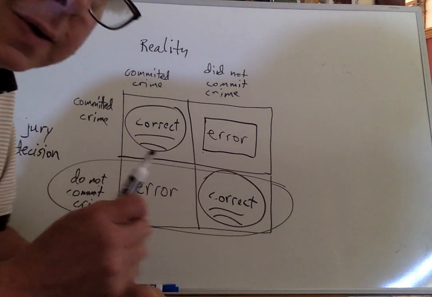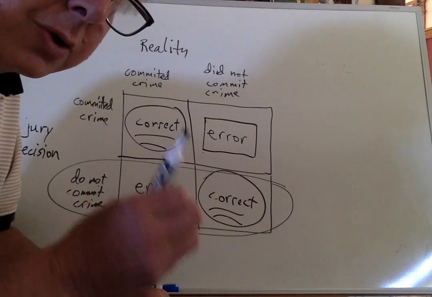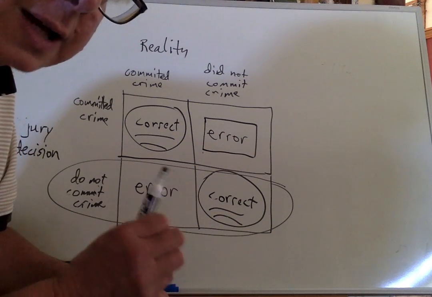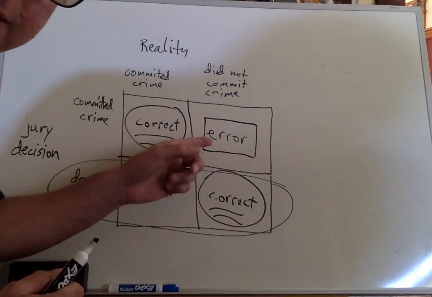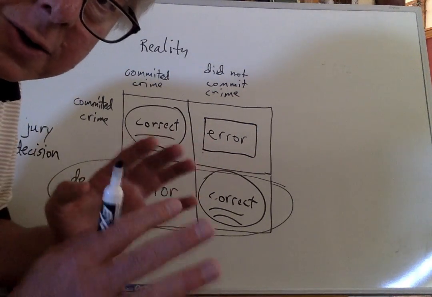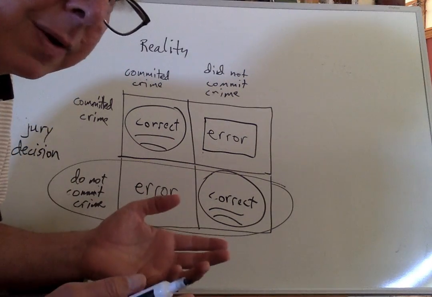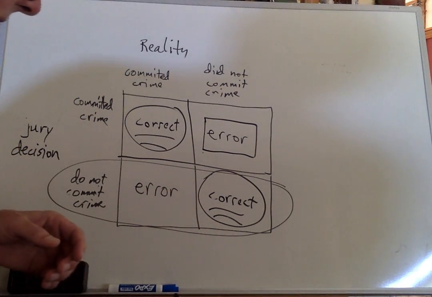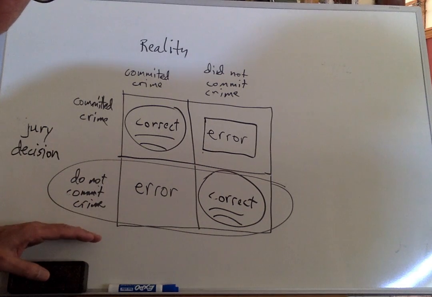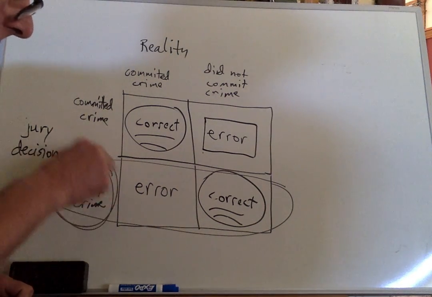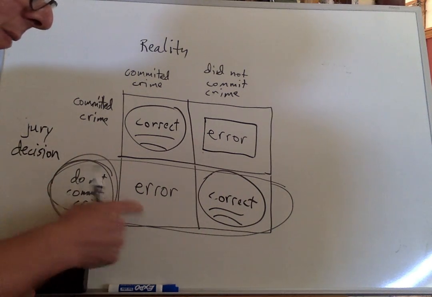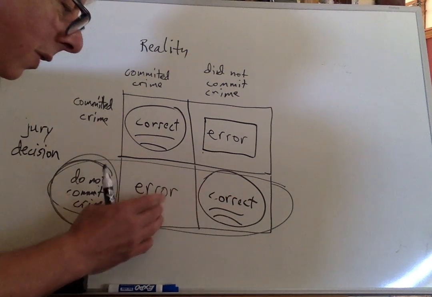Okay? This is something that people don't learn about regularly, and it scares me because I'm innocent and I don't want to go to jail. Even if I'm in that position where a lot of circumstantial evidence makes it look like I might be guilty, the judge will tell you, if there's a reasonable doubt, you need to do this, because they want to keep you either correct or in this error.